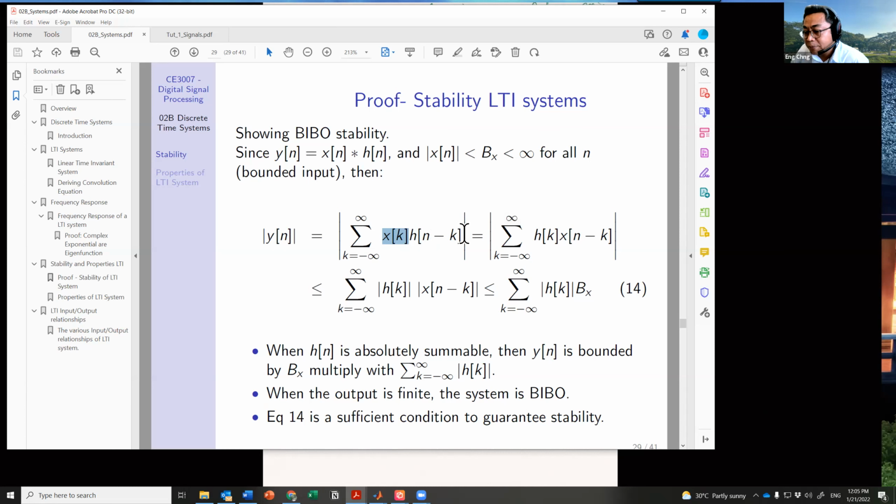Now, what we are then multiplying is the delayed impulse response. And then if you work out the sum, you realize that the largest value you can ever achieve is the largest value b of x, multiplying the absolute value of the impulse response. And therefore, if b is finite, whether the output is finite or not depends only on this little guy here. And therefore, when h of k is absolutely summable, then our system is BIBO stable. So that is the proof.